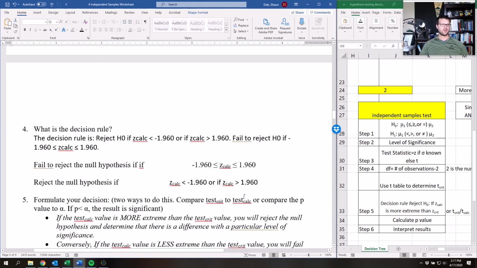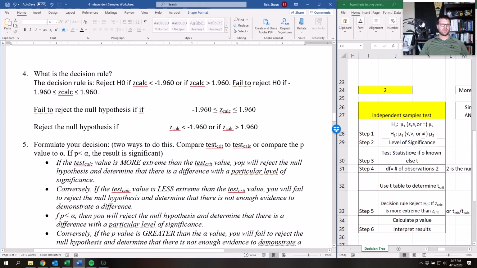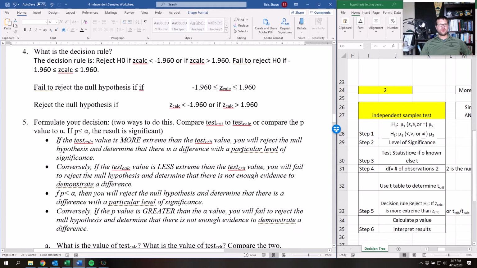So what is the z calculated value? Formulate your decision. We're going to compare the test critical to the test calculated, or you can compare the p-value to the alpha. If the probability of occurrence is less than the alpha, then it's significant, just like if the calculated value is more extreme than the critical value, then it's also significant.